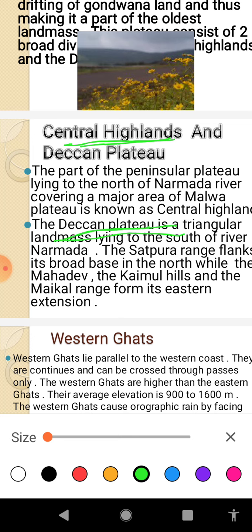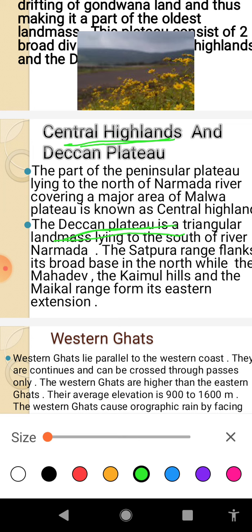The Deccan Plateau is a triangular landmass and it lies to the south of the Narmada River. It has its broad base in the north and apex toward the south. The broad base in the north has been formed by the Satpura Range, while the Mahadev, the Kaimur Hills, and the Maikal Range form its eastward extension.